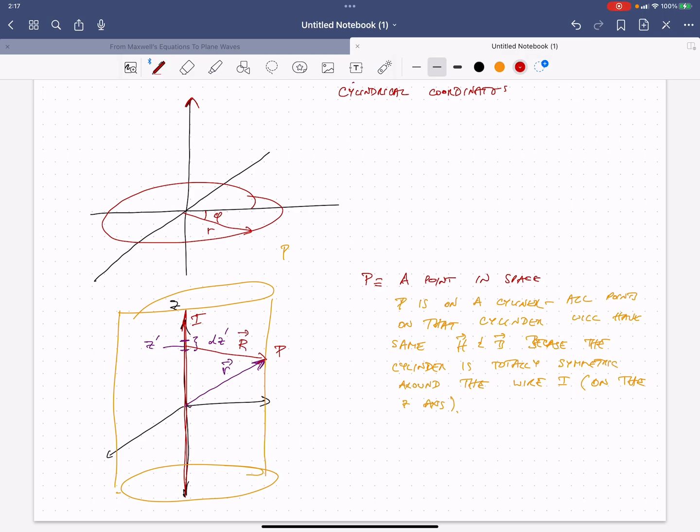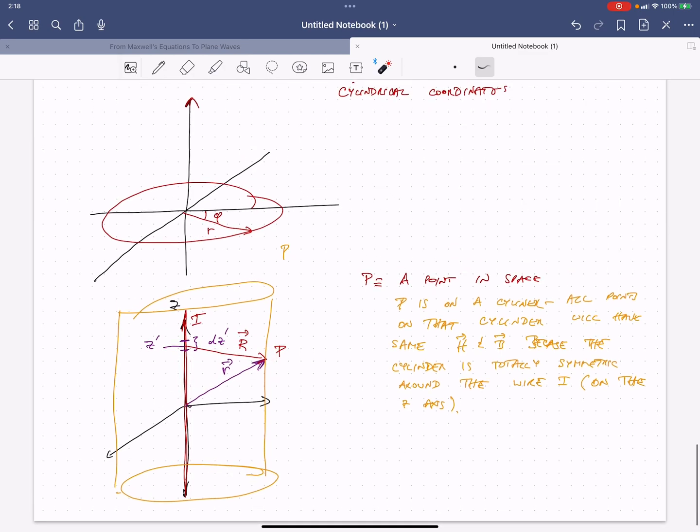This vector r is this vector minus this vector.